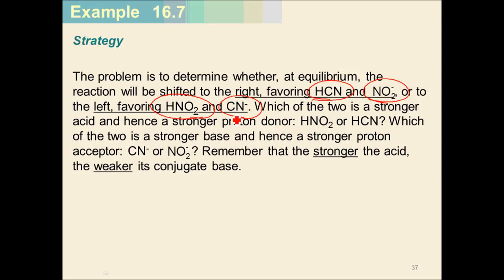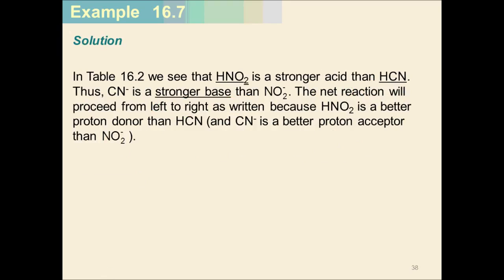Which of these two is a stronger acid and hence a stronger proton donor, HNO2 or HCN? Which of the two is the stronger base and therefore the stronger proton acceptor, the CN- or the NO2 1-? Remember, the stronger the acid, the weaker the conjugate base. So on slide 38, the solution in table 16.2, we see that HNO2 is a stronger acid than HCN.